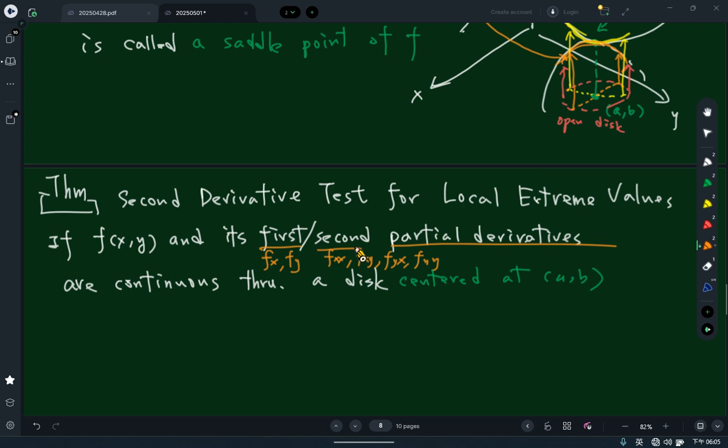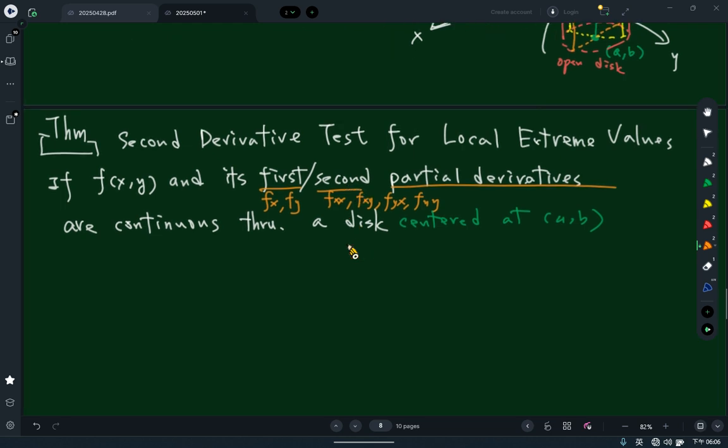But at the same time, what is the second partial derivative? Partial squared f, partial x squared, partial squared f, partial y squared. And you also have partial f, partial x and then partial y, or partial f, partial y and then partial x. Four possibilities. And these four second partial derivatives need to be continuous through some disk at AB.